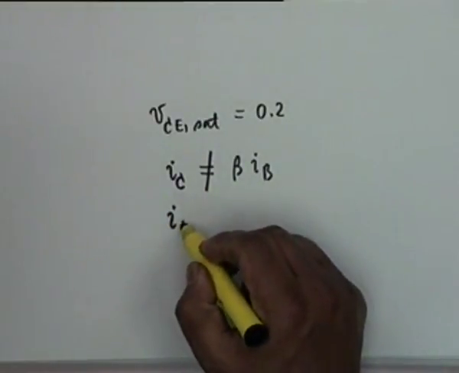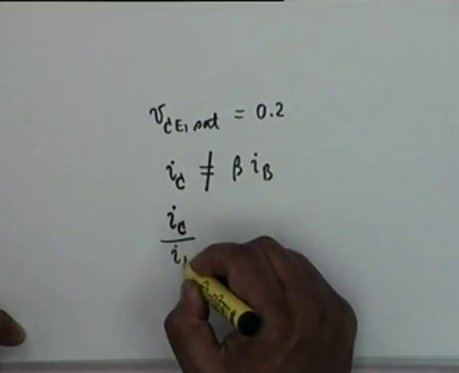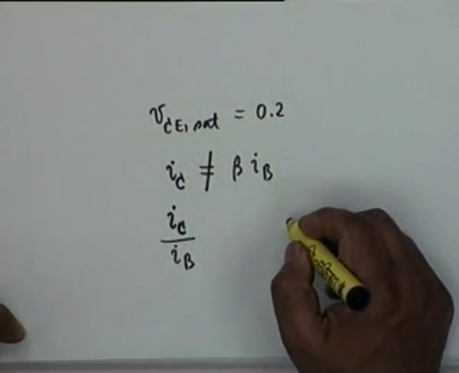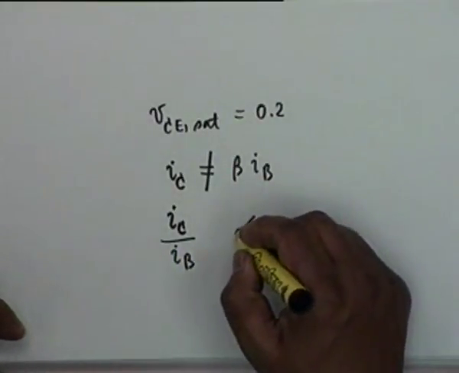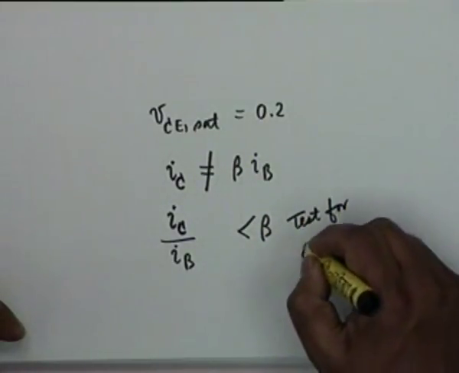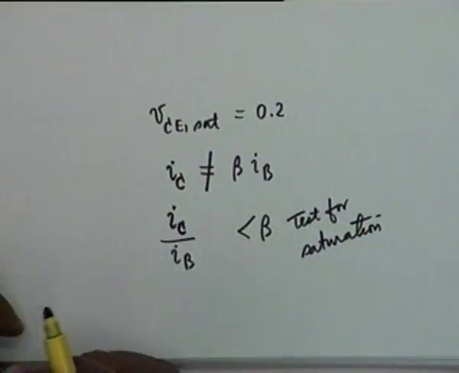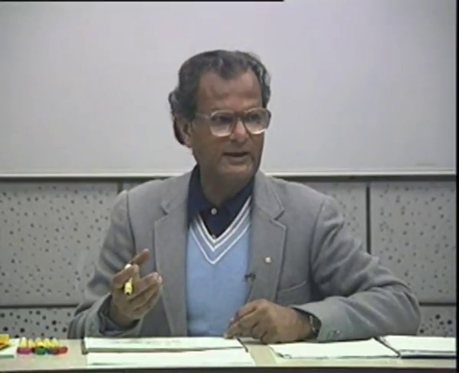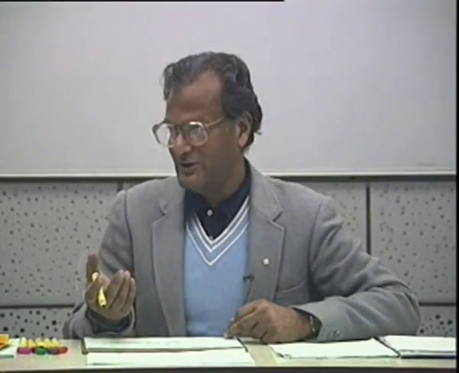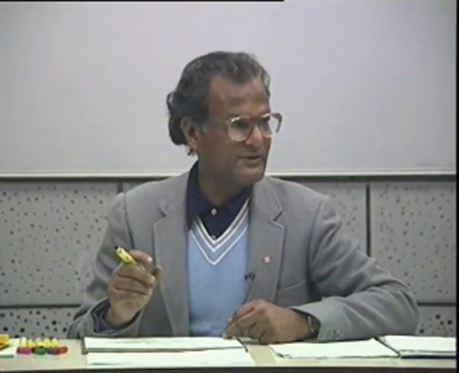In fact, one of the tests for saturation is that I sub C by I sub B shall be less than beta. This is the test for saturation. When the base current is very large, so that the collector is not able to cope with it in a linear manner, this is the onset of saturation.